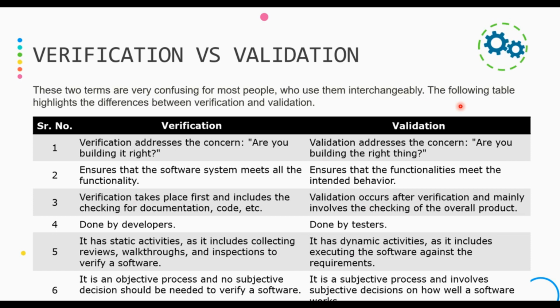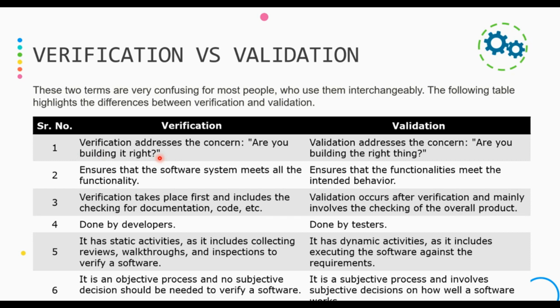The very first difference in this model is that verification addresses the concern: are you building the right product? Here we already saw inspection, walkthrough, and peer reviews. Through those only, they will get to know whether we are building the right product.